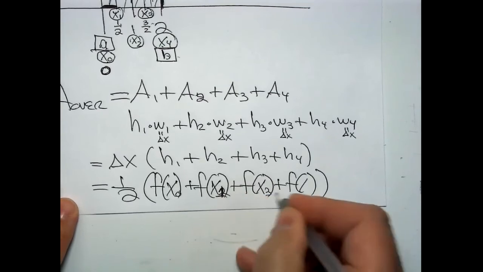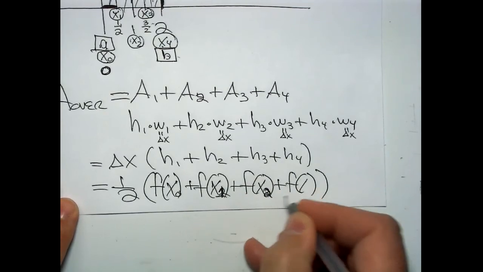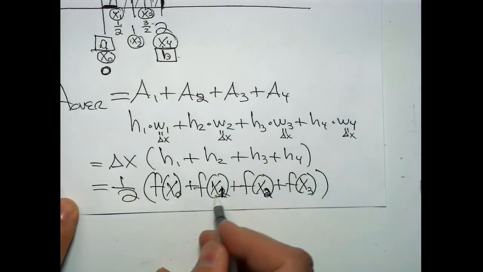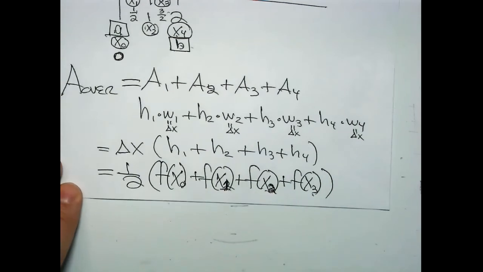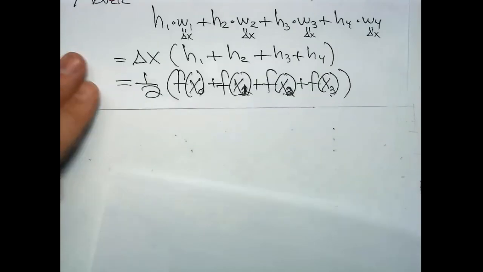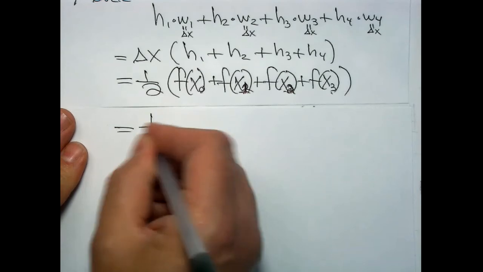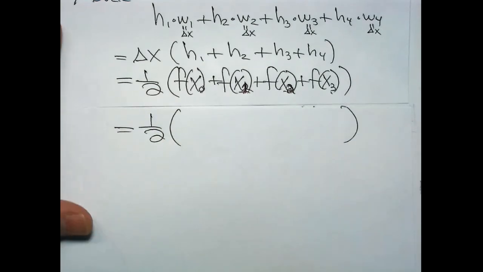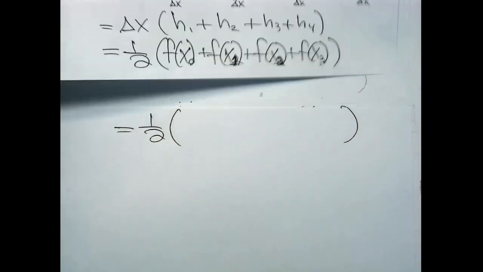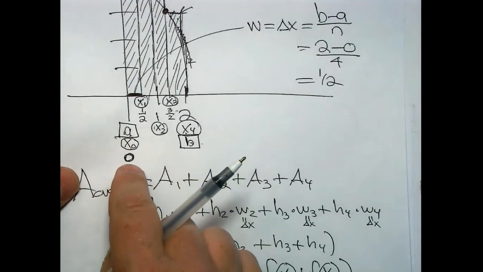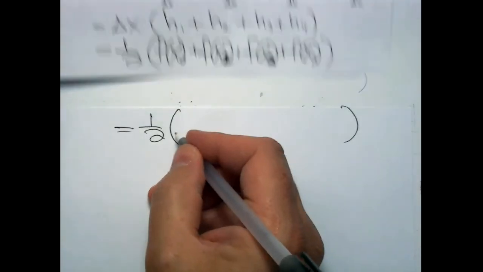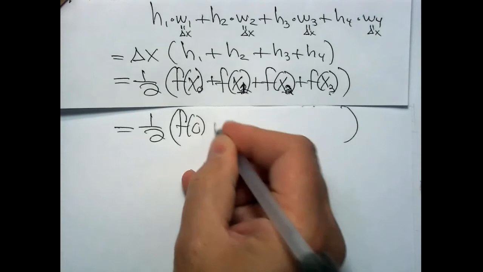x1, x2, and finally x3. 0, 1, 2, 3. No one even touched x4. All right. This should be an overestimate, by the way. What is x0? Take a look at the picture. x0 is a, it is 0. So I need to do the f of 0.